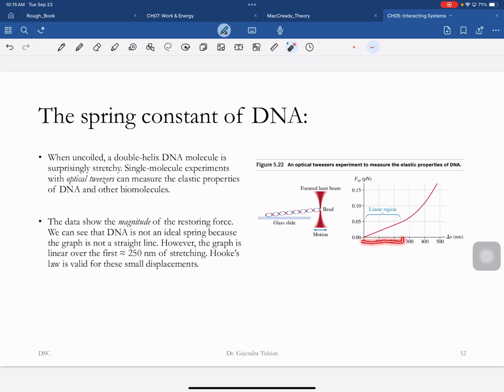As long as you're stretching it to about 250 nanometers, 250 nanometers is about 3,000 atoms width, the stretching force is linear. Okay, so this is the linear region. And if you try and stretch more and more, as the slope increases, the DNA molecule is getting stiffer. What that means is, the slope of the line is K, the spring constant. And as the slope increases, the spring constant is getting higher, just like that rubber band. As you stretch it more, it gets harder to stretch the longer you've stretched it. Okay?